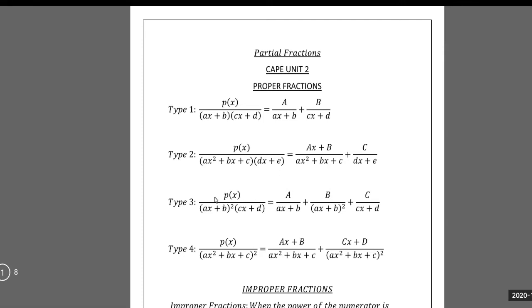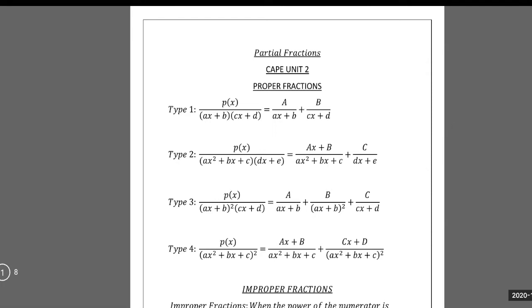Then type 3 is just going to be a over ax plus b, plus b over ax plus b all squared, plus c over cx plus d. And then type 4 is when you have a quadratic that cannot be reduced and it's repeated. All right, so those are the four types of partial fraction that you will come across.